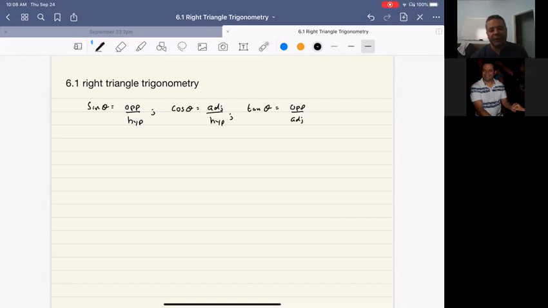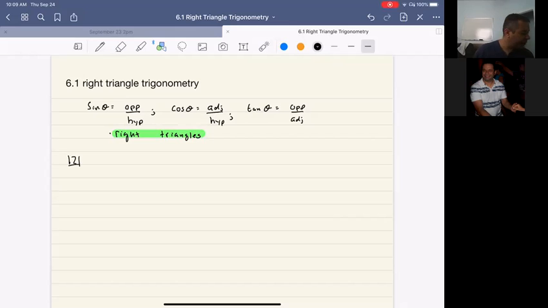These things only really work for right triangles this way. We're going to move out of right triangles, but not yet. For today, we're going to have right triangles, which is the easy case. Let's start doing problems.